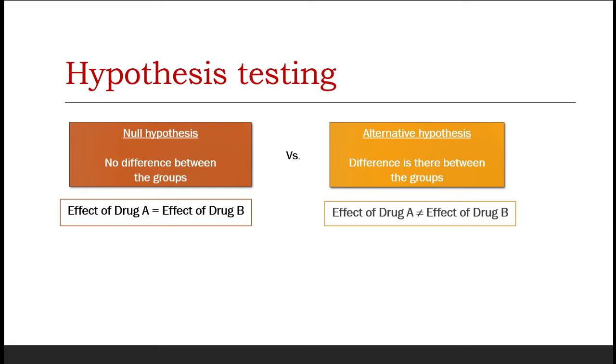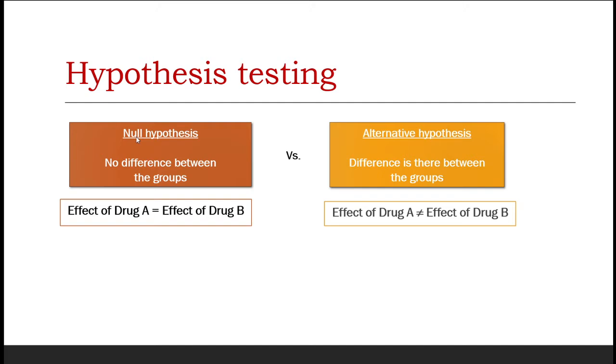Let's assume that we want to see if the difference in reduction is existing or not. So we can have two types of hypothesis. First, null hypothesis, where we can assume that no difference is there, and opposite to that we can also consider alternative hypothesis, where we can consider that difference is there.